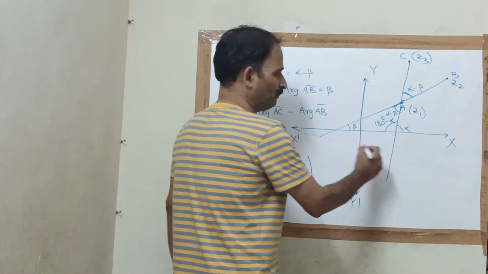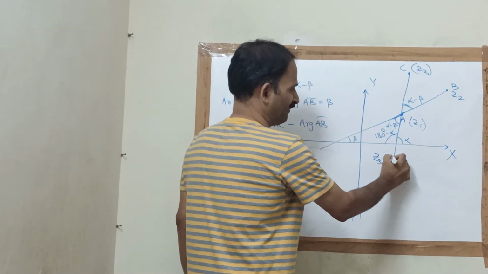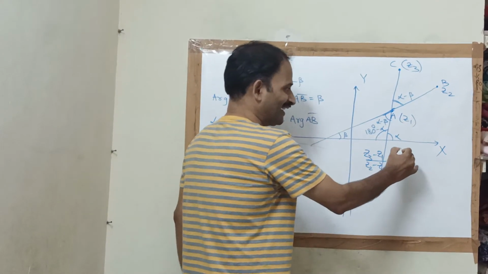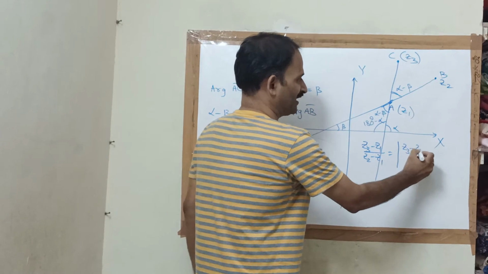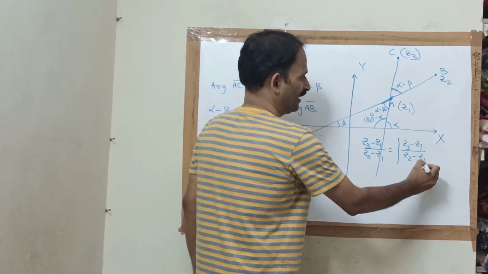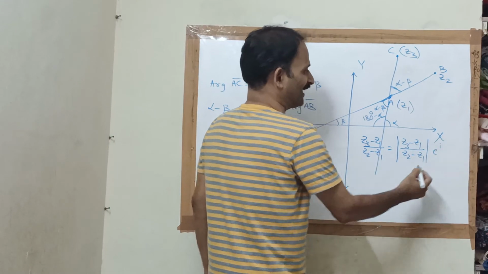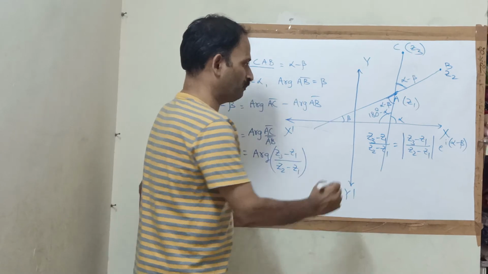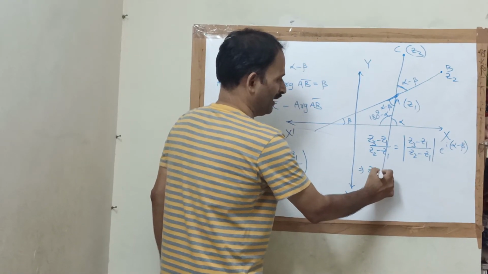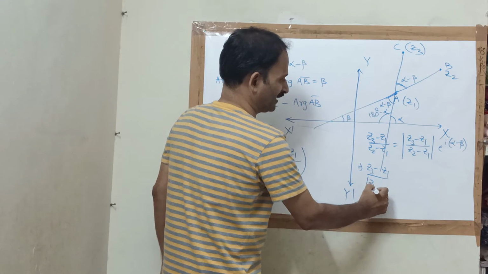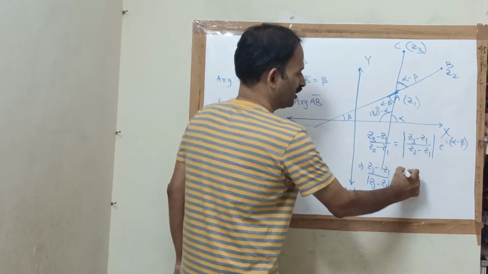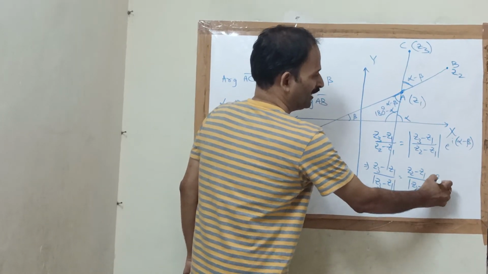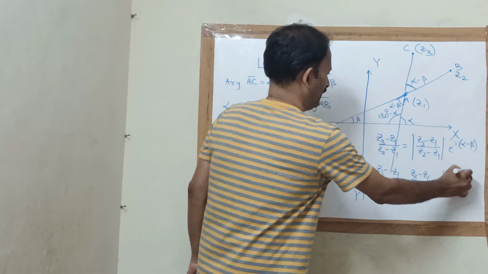Now every complex number, that is z3 minus z1 by z2 minus z1, can be represented as its length, that is modulus of z3 minus z1 by z2 minus z1, into e power i times this argument, that is alpha minus beta, which implies (z3 minus z1) by length of z3 minus z1 equals (z2 minus z1) by length of z2 minus z1 into e power i times alpha minus beta.